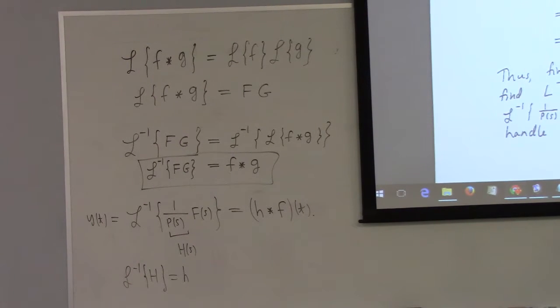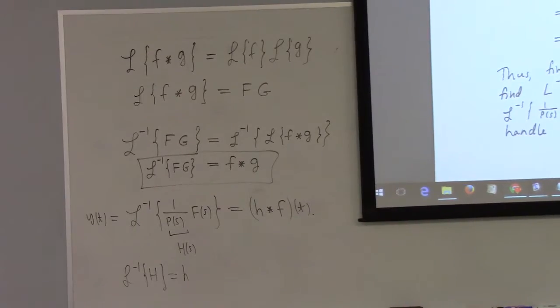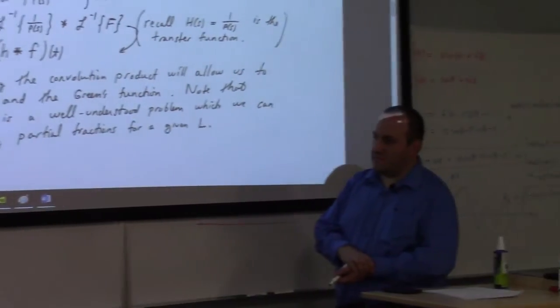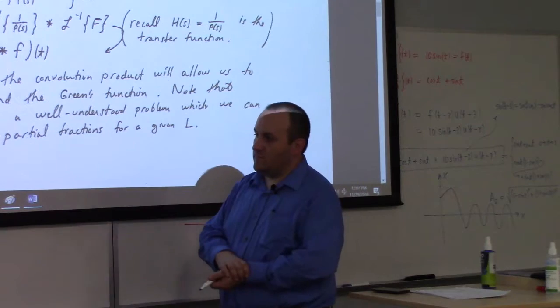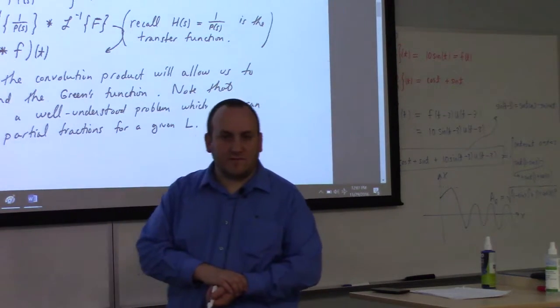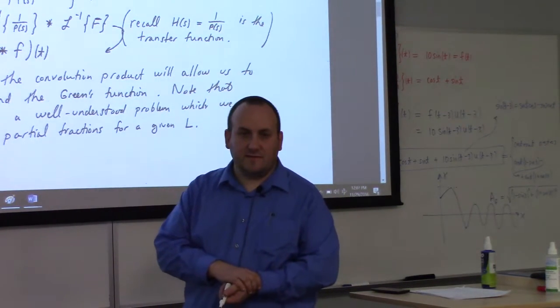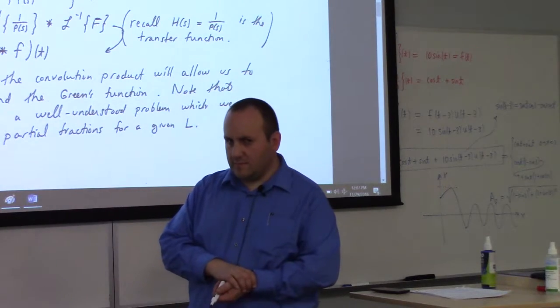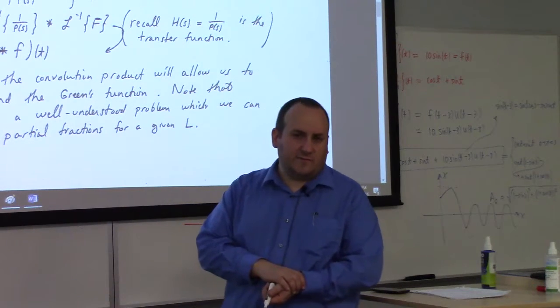Any constant coefficient problem would do that. But there's probably something that could be done for more general problems. There should still be some sort of transfer function for more complicated problems with variable coefficients. It's not going to be as easy to find, I would think. But I'm speculating now. I haven't worked that out.